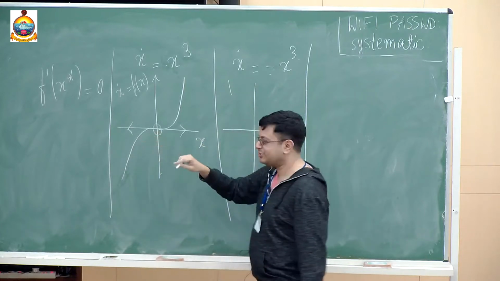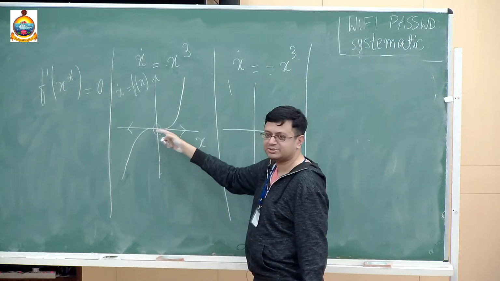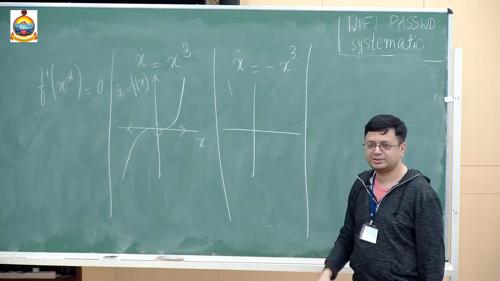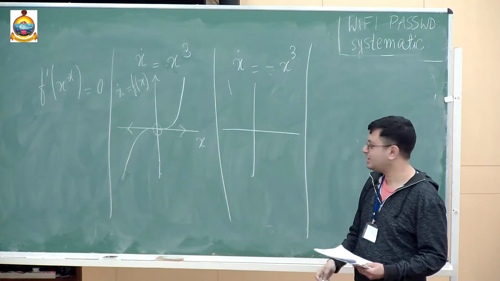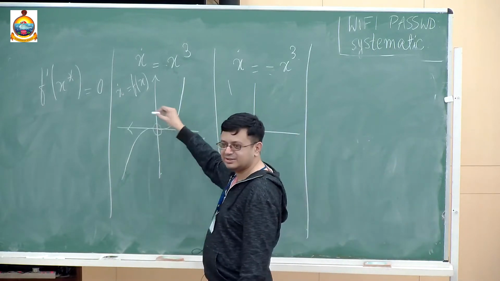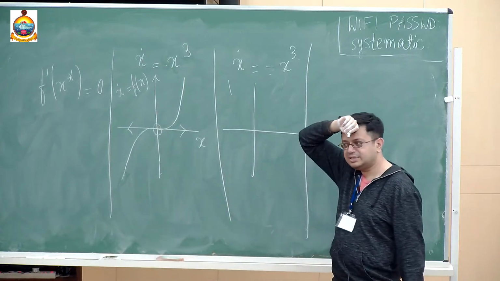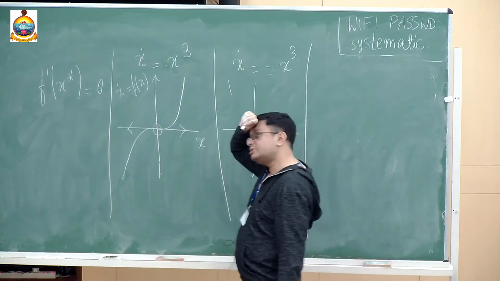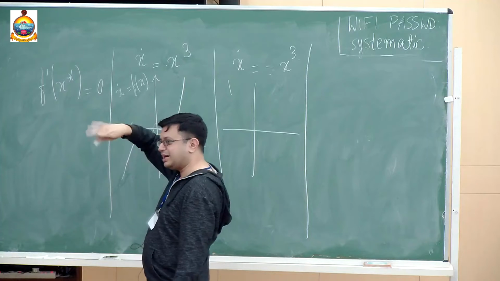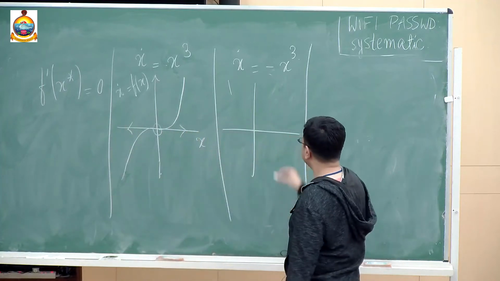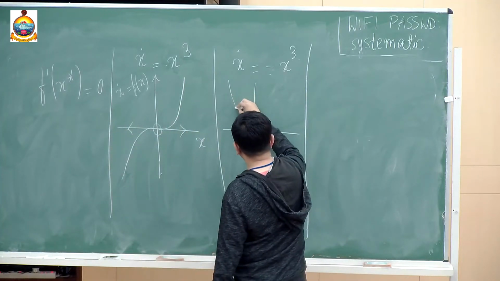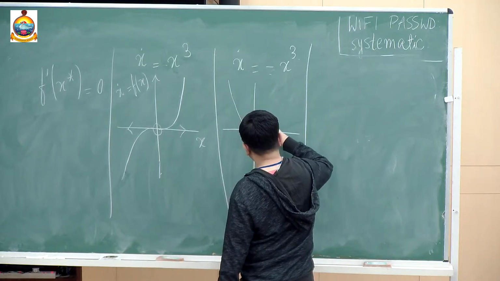Can one of the students tell me why the function is so flat here at x equal to 0? I have drawn it to be quite flat here. The first derivative is 0, also the second derivative is 0. So the curvature is not there. And here this will be just the opposite.